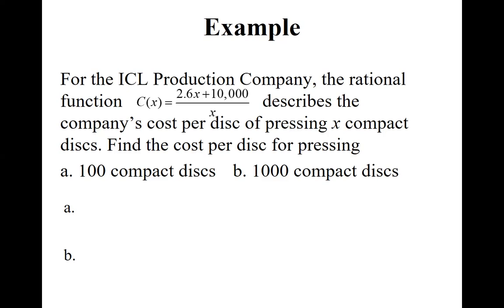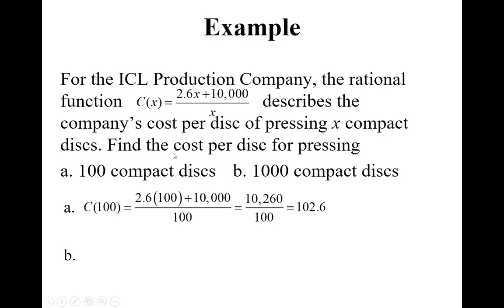Just recall function notation. C of x doesn't mean C times x. It means the value of C when x is input. So for 100 compact disks, what we're looking for is C of 100, which doesn't mean C times 100. It means we're plugging 100 in for x everywhere.